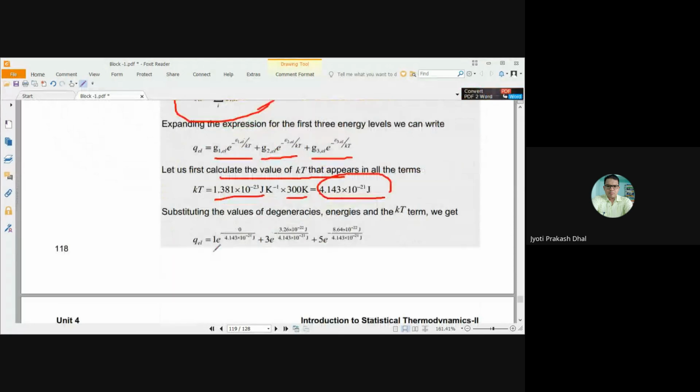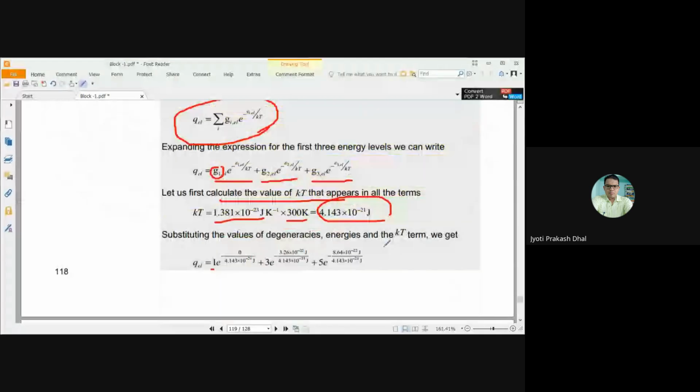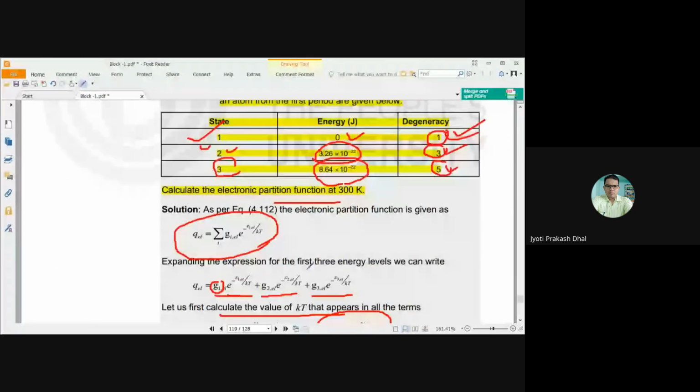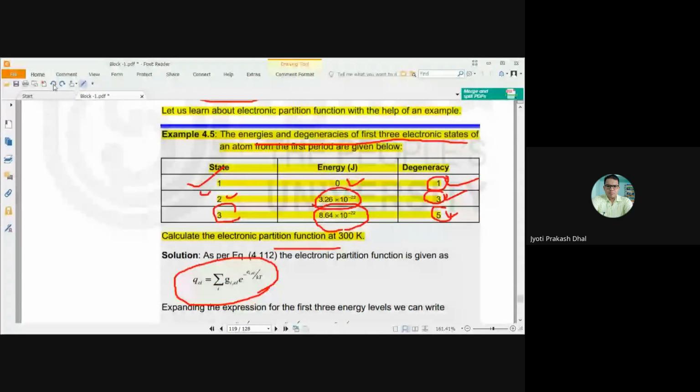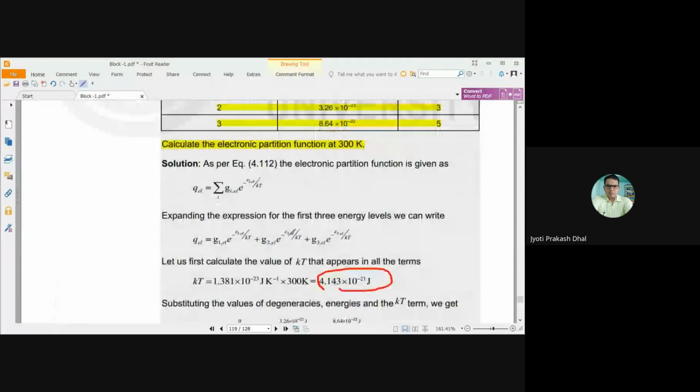So q electronics equal, in place of g1 we will put 1 because that is given in the question. Degeneracy for the first state is 1. Now e to the power minus epsilon 1 by kT. For the first state the value of epsilon 1 given in the question is 0. So 0 by kT, where we have already solved the value of kT, 4.413 into 10 to the power minus 21 joule, plus the second state, the degeneracy is 3.